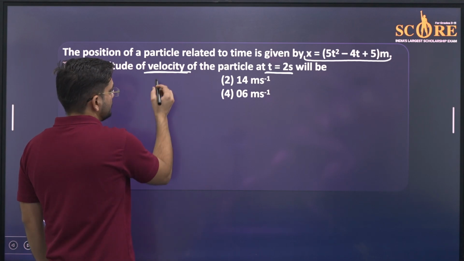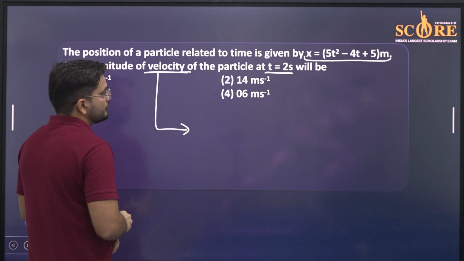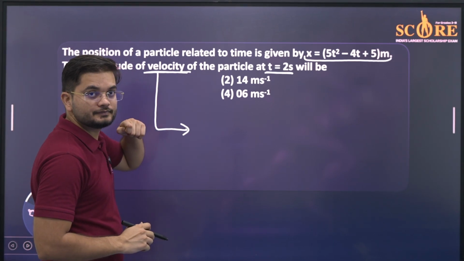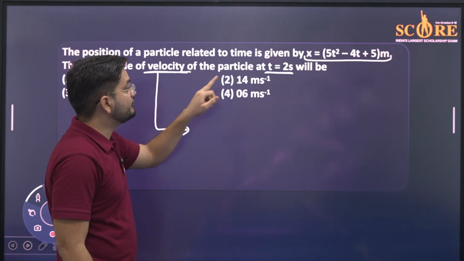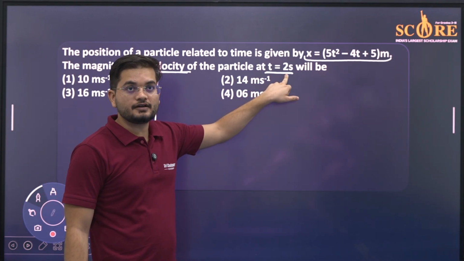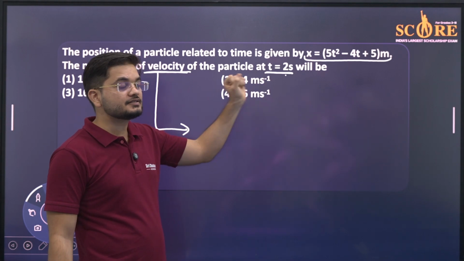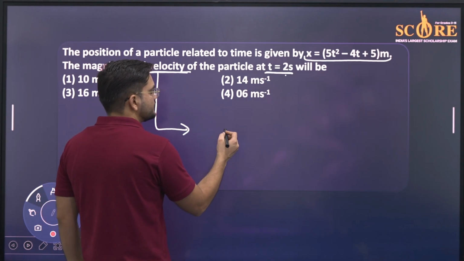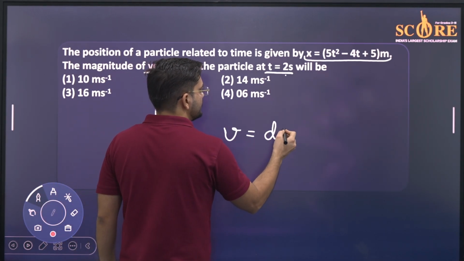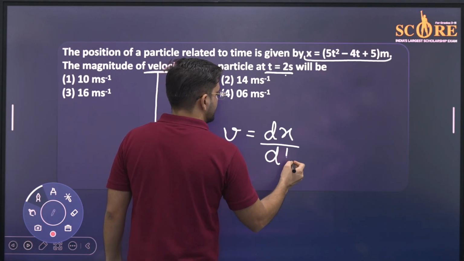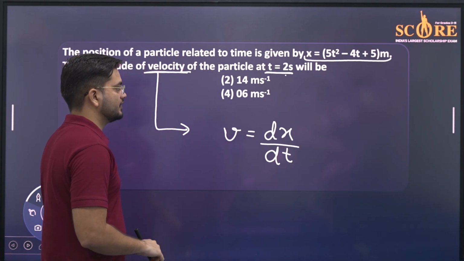First of all, what is the velocity? And which velocity? Velocity at t equal to 2 seconds. So the velocity is instantaneous velocity. What is the formula of instantaneous velocity? Instantaneous velocity is dx by dt.